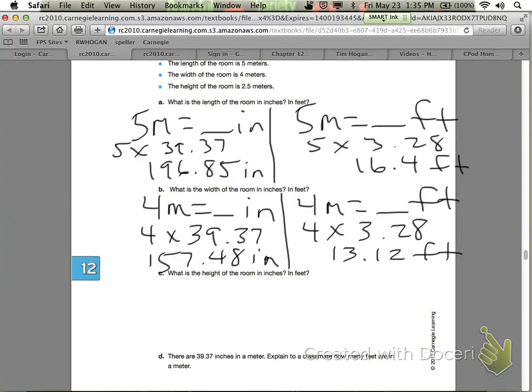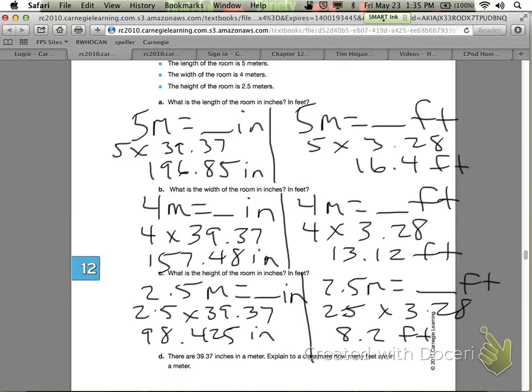So again, same conversion factors as we used in letter A. 39.37 times 4, since we're going large to small, is going to give you 157.48 inches. 4 times 3.28, since there are 3.28 feet in 1 meter, it's going to give you 13.12 feet for letter B. Same conversion factors for letter C. 39.37 times 2.5 is going to give you 98.425 inches. And for feet, 3.28 times 2.5 is going to give you 8.2 feet for the height of the room.